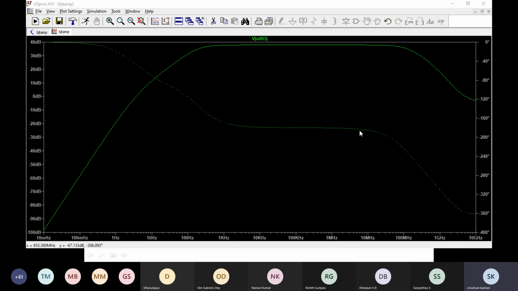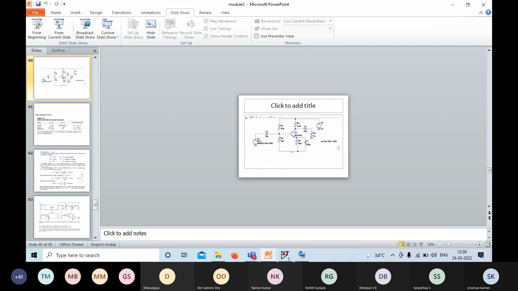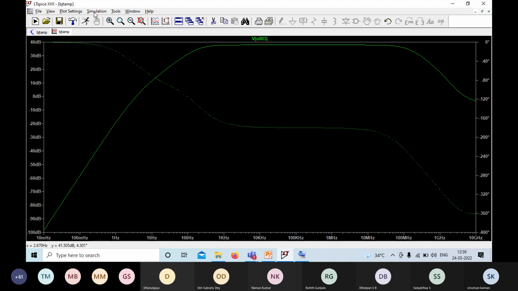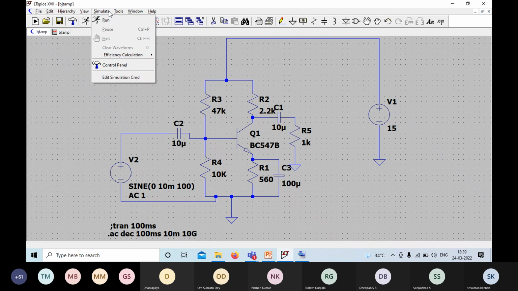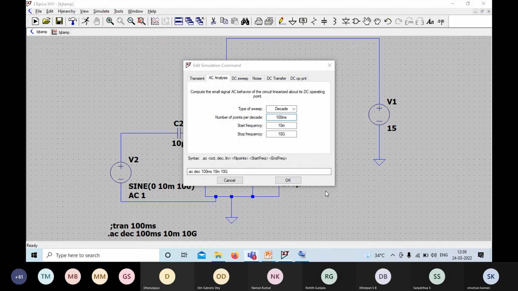Are you getting the bandwidth? Number of points.